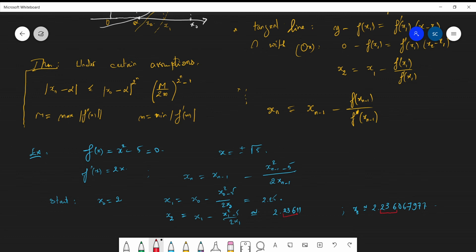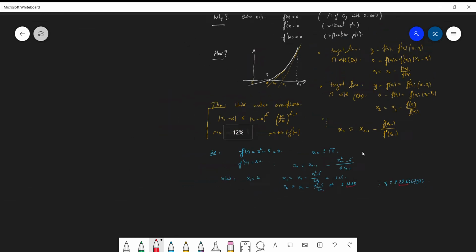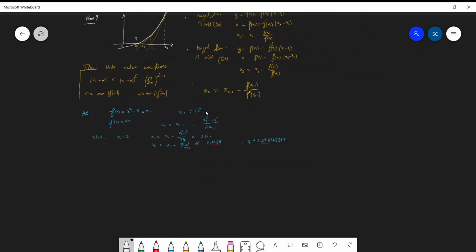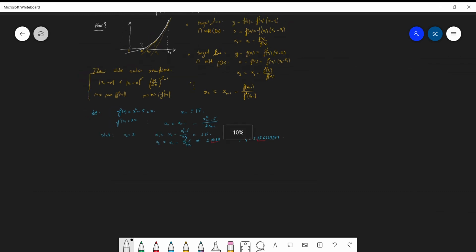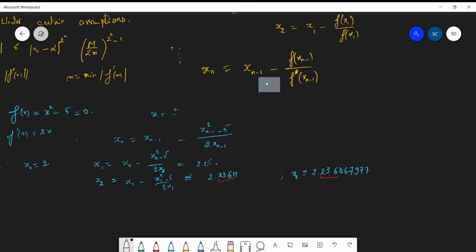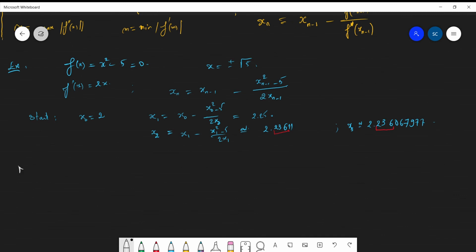So in practice, for our level here, we first need to locate the root in an interval, for example by the intermediate value theorem.